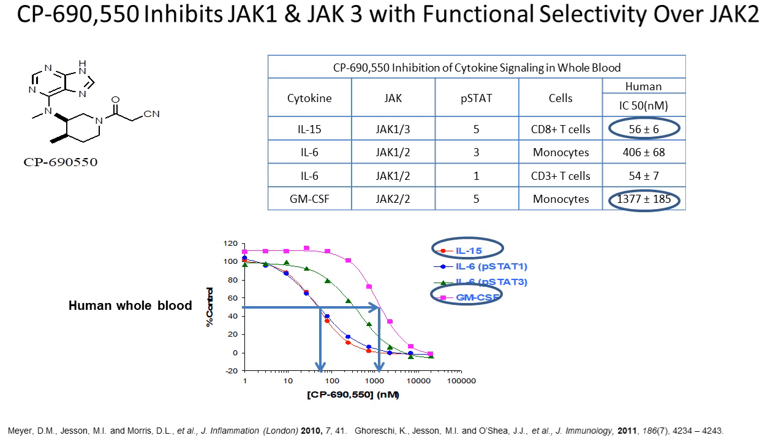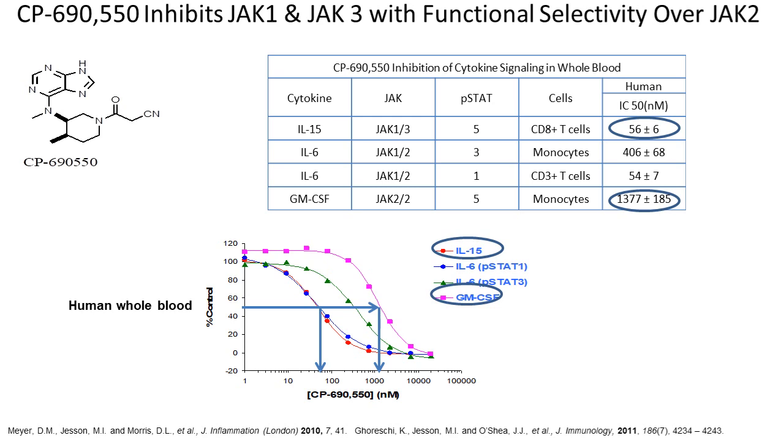So the important thing is to know in humans what is the dose that would translate to these cell assays, and am I actually using a dose that's small enough that can inhibit the inflammatory and autoimmune pathways that are activated in disease and sparing the JAK2, JAK2.